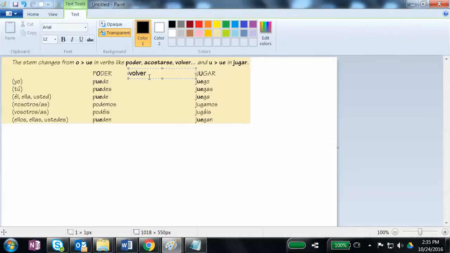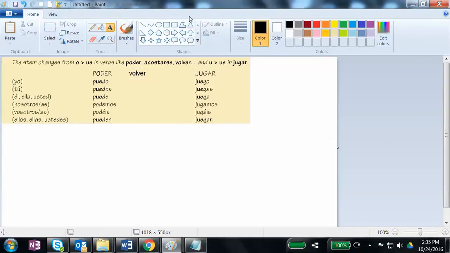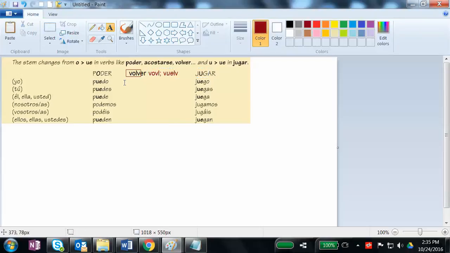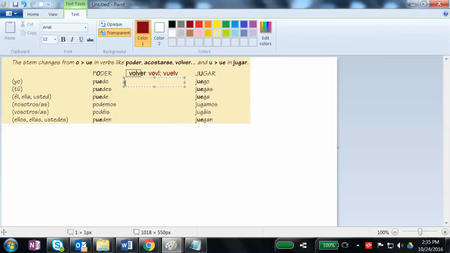Okay, so if we do volver, its stem is volv. Sometimes we're going to use that stem, volv, and sometimes we're going to use the change. That would be the original stem, but since it's a stem changer, that O in the stem gets changed to a UE. Okay, and we're going to use that changed one everywhere but nosotros and vosotros.